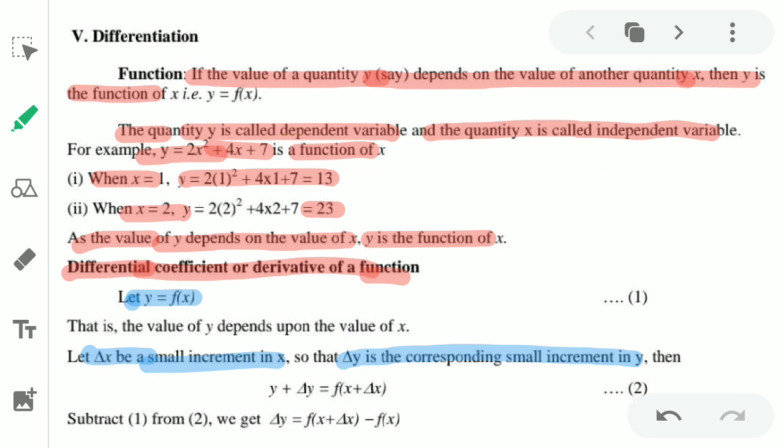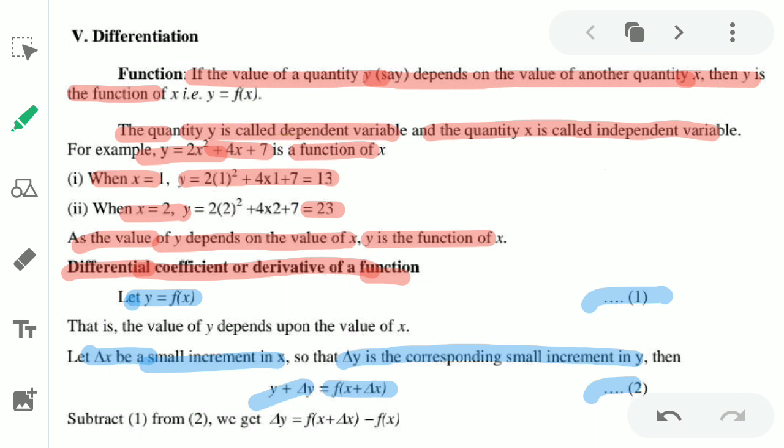For a small change in x, we write y plus delta y equal to f(x plus delta x), because earlier you had the value x, now you have added delta x to it, so the value of y also changes. So we say y plus delta y. That is equation number 1, y equal to f(x). That is equation number 2, y plus delta y equal to f(x plus delta x).